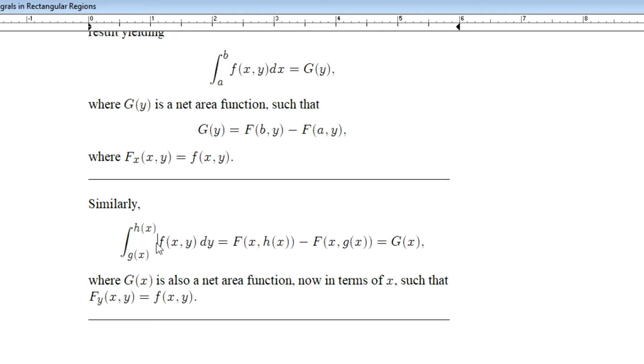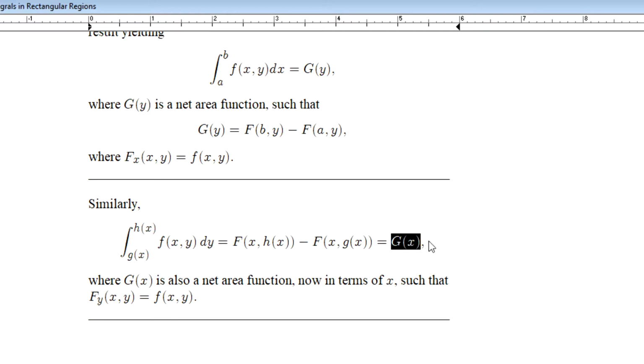And that is if we consider integrating function f, this multivariable function, first with respect to variable y, where y occurs across these bounds from g of x to h of x, how we think about that result is that the result is again another function of x.